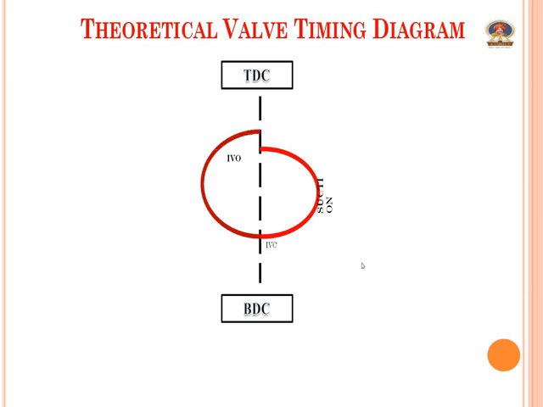After that, both valves are in a closed position and the piston moves from BDC to TDC, which is called the compression stroke.